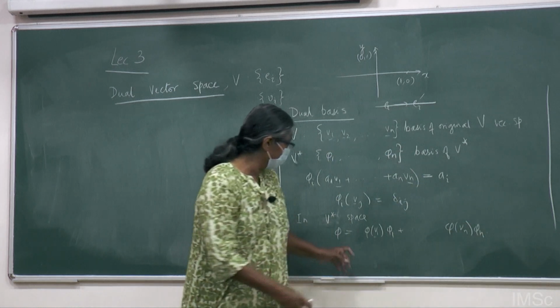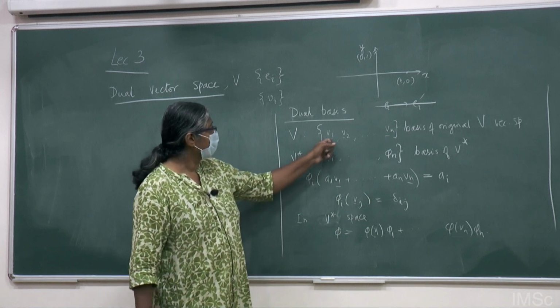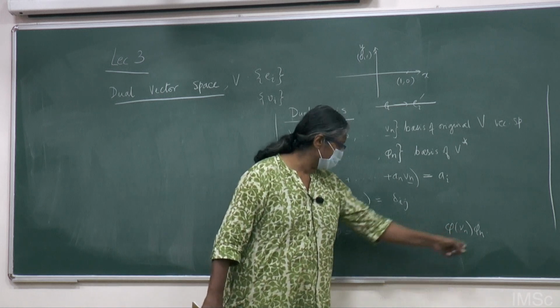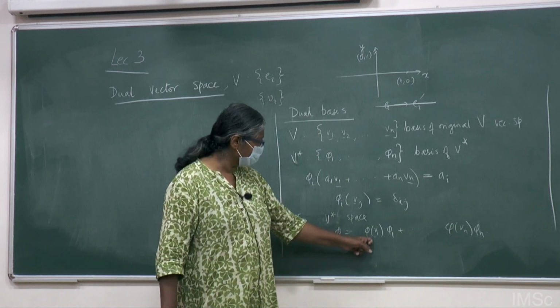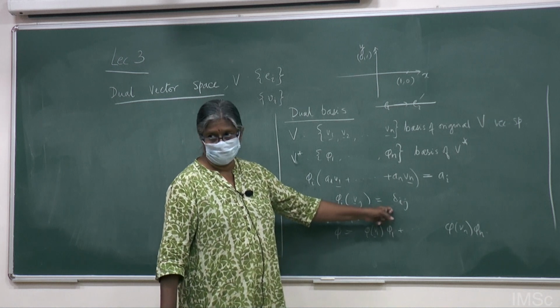That means now I have written it in the phi basis. You can see that I have gone from writing it in the V1, V2, V3 basis to the phi 1, phi 2, phi 3 basis, and these coefficients can be got from this definition.